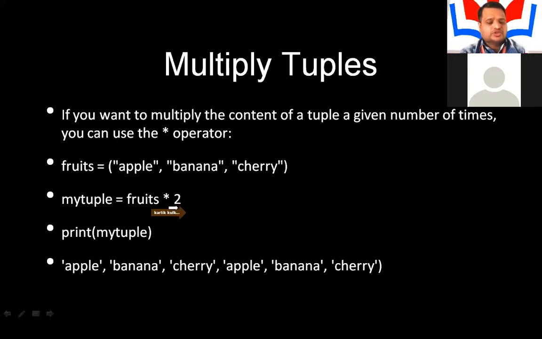In this slide I gave 2. When I print my tuple, you can clearly notice apple, banana, cherry, and then apple, banana, cherry again. It means that in the output we are getting the elements of the fruits tuple twice. This is the theoretical explanation of how to multiply the tuples.